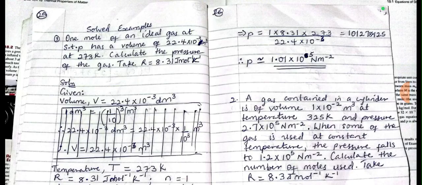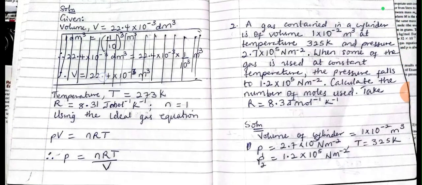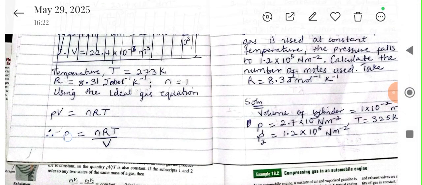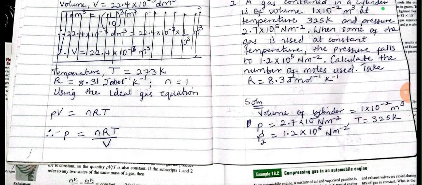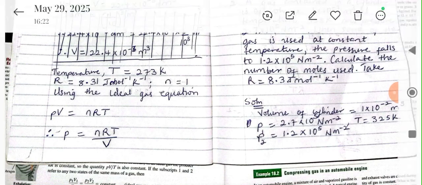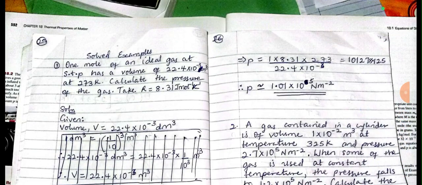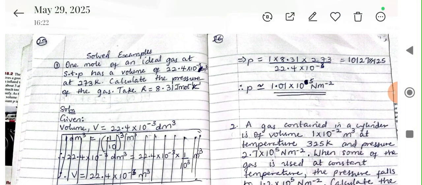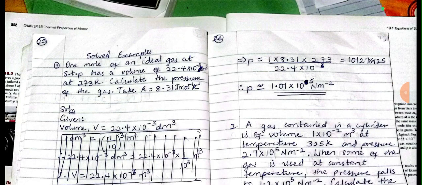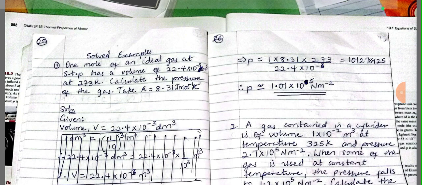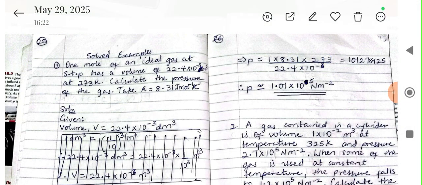The formula we have there, PV equals nRT. You make P the subject of the formula. P equals nRT over V. N is 1. R, the gas constant, is 8.31. T, standard temperature, is 273 Kelvin.